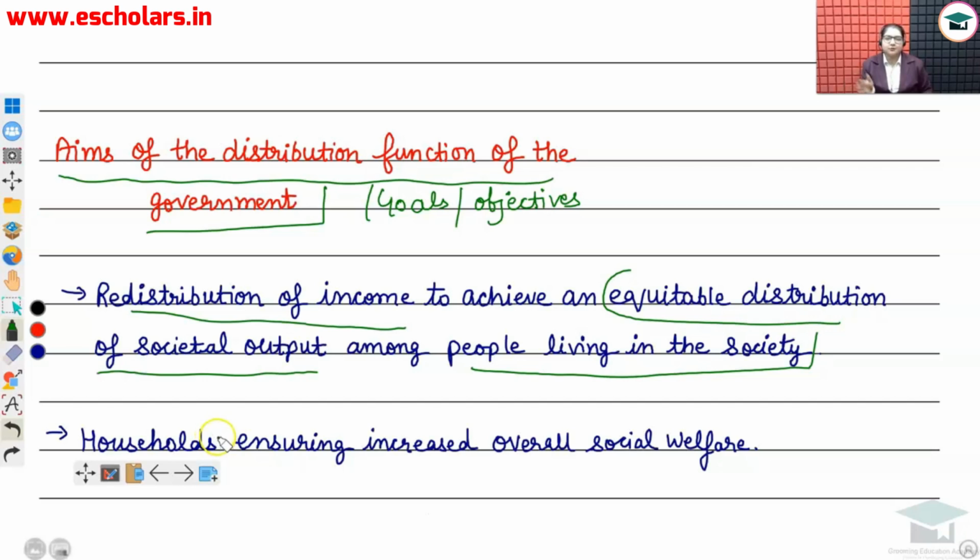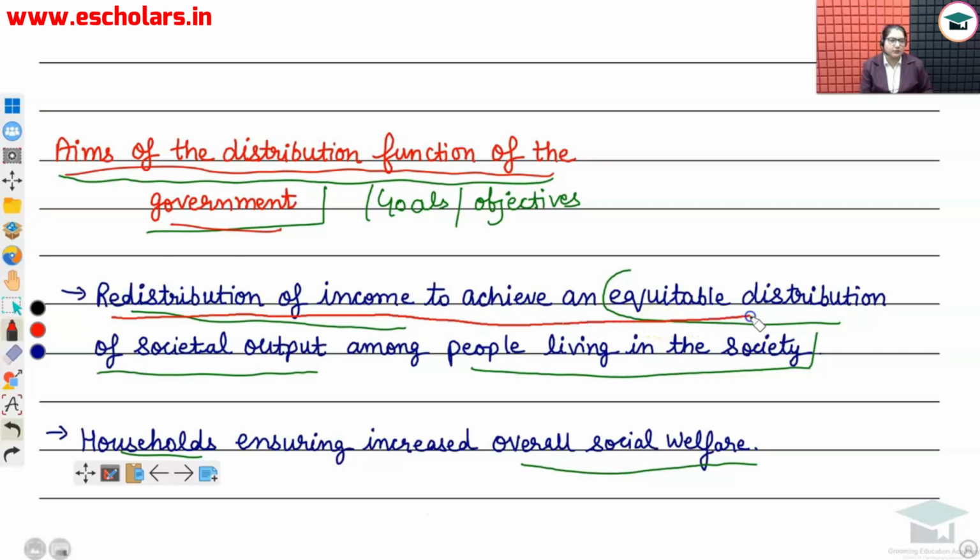Basically, with redistribution of income, the government wants to attain the distribution of societal output, that is the output which is produced in the society, among the people equally. And also the government wants to enhance the overall social welfare of the households. Okay, so let's have a look. Aims of the distribution function of the government. Redistribution of income to achieve an equitable distribution of societal output among people living in the society.